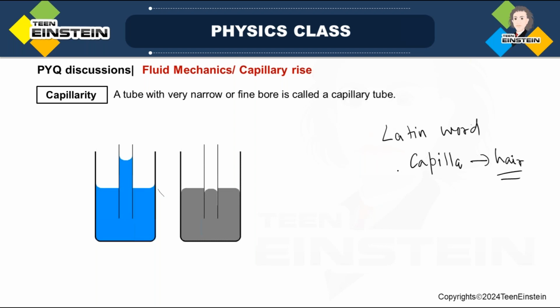And what is a capillary tube? A tube which has a very fine bore, just like a hair, is called a capillary tube.